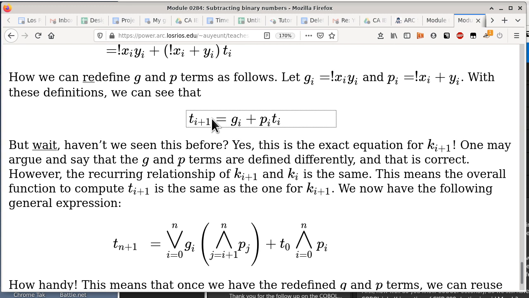There's no mentioning of how P and G are defined. We just look at this recursive definition here. This is the engine that generates all the terms. As long as it has this structure, where t of i plus 1 is defined as g of i or p of i and t i, it will still end up with this structure here.